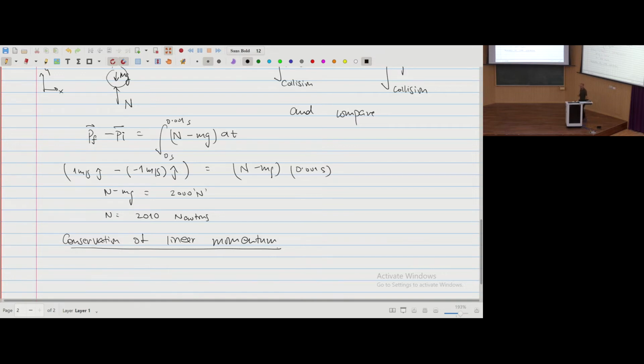So next is conservation of linear momentum. That is something I told you. You can assume that N acts as a uniform normal force during collision. That was an assumption, and we do that.